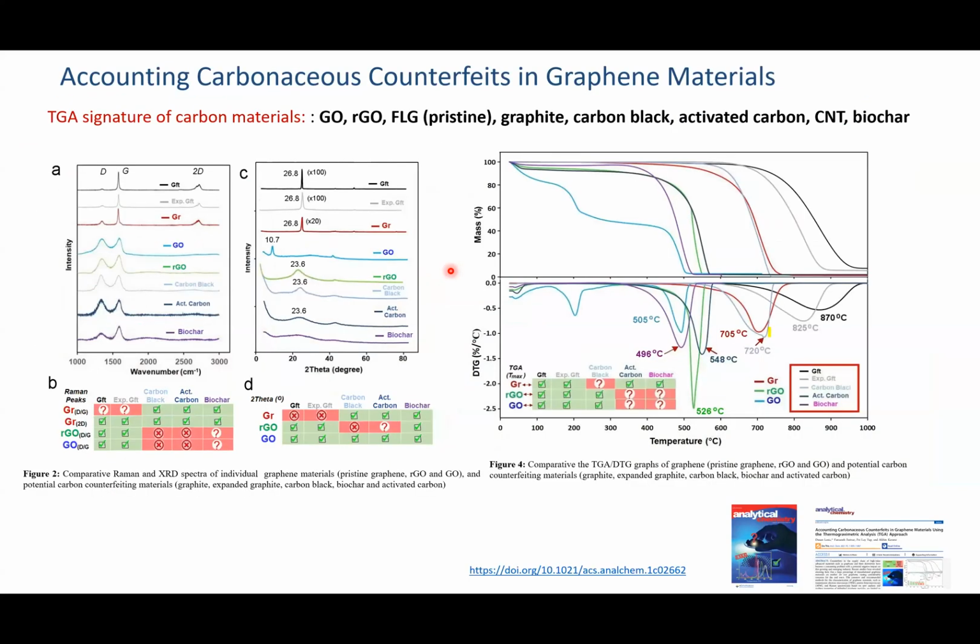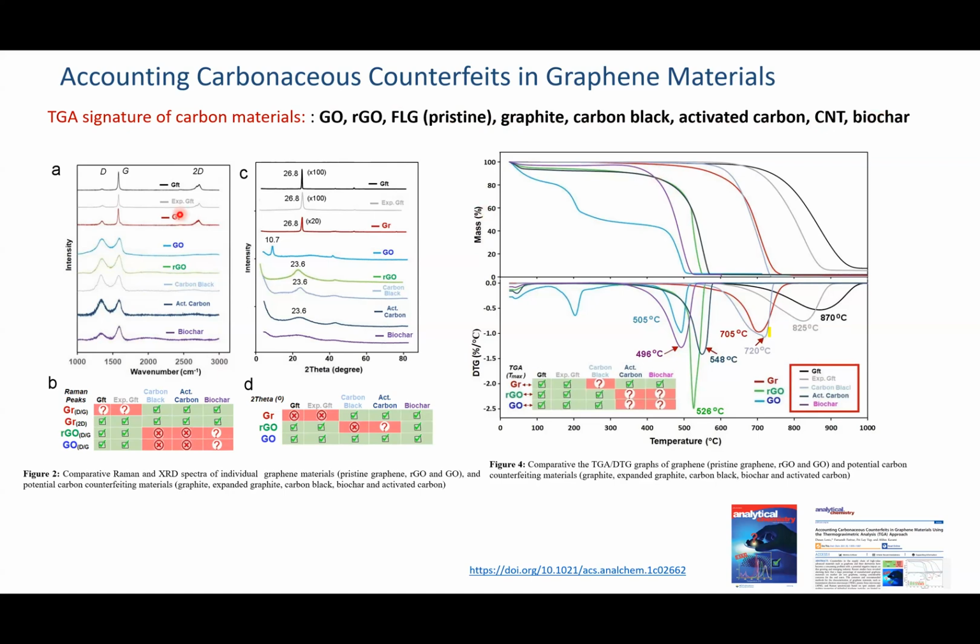In the next experiment, we also tested a broad range of other potential additives that can be added to graphene materials. That includes graphite, carbon black, activated carbon, carbon nanotube, and biochar.